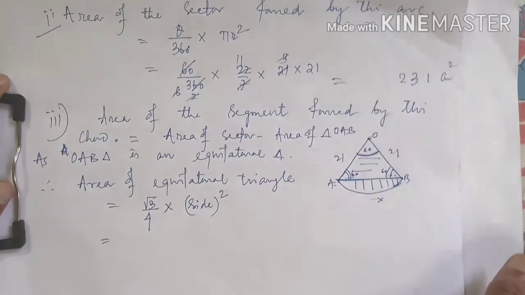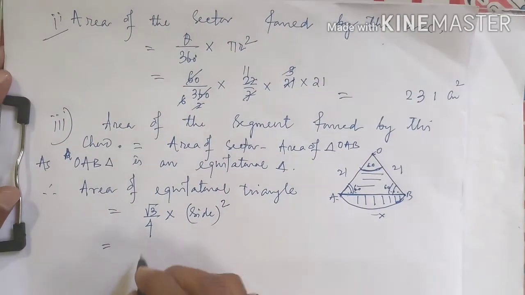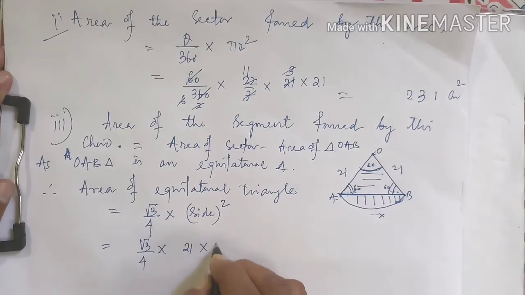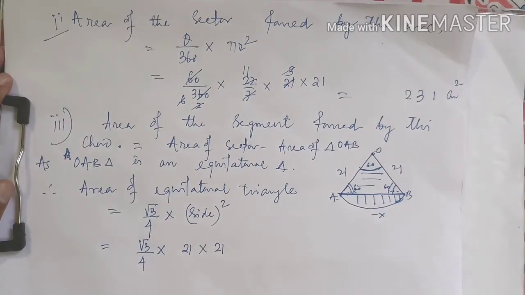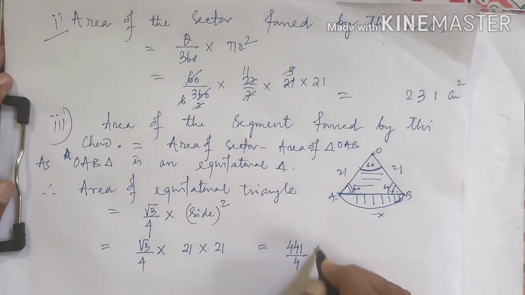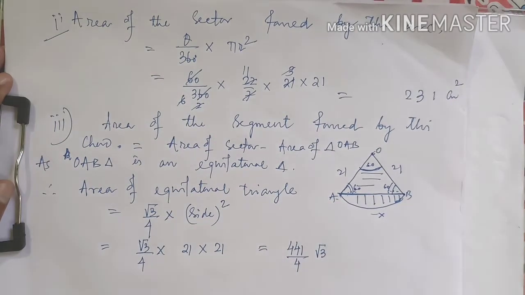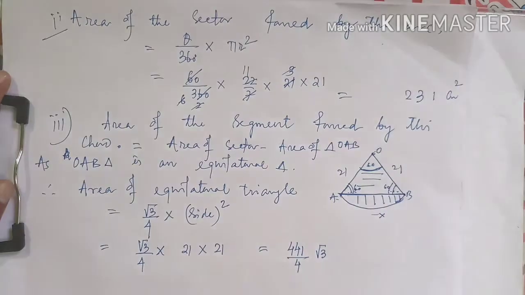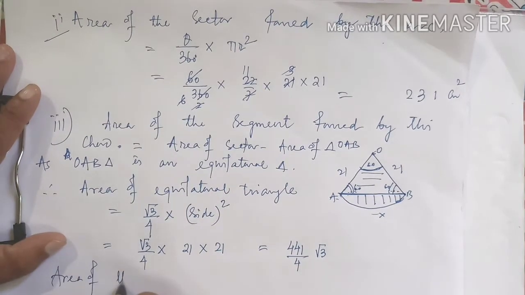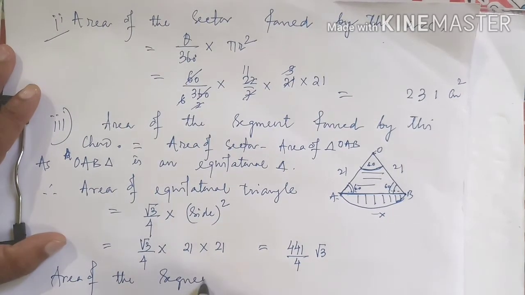So now you can put the value. It is root 3 by 4 into the side is 21 square. Now you can find 441 divided by 4 root 3. Now you see, area of the segment.